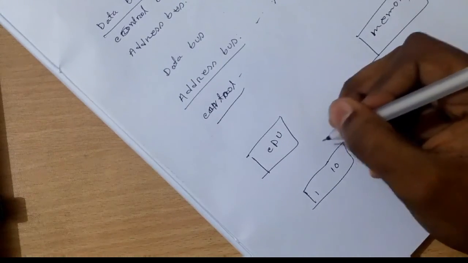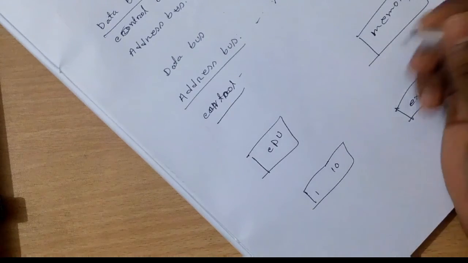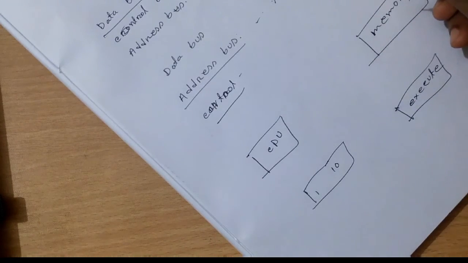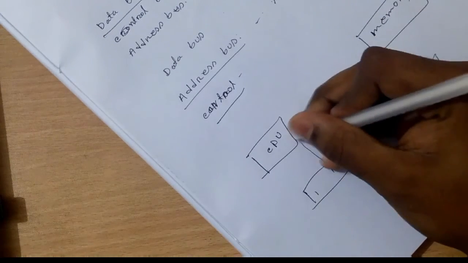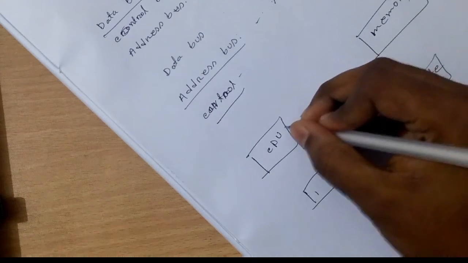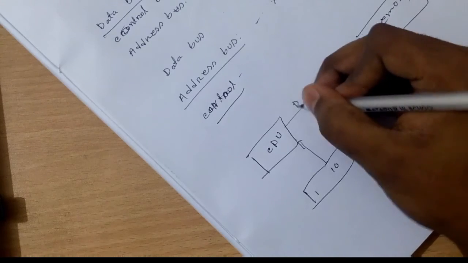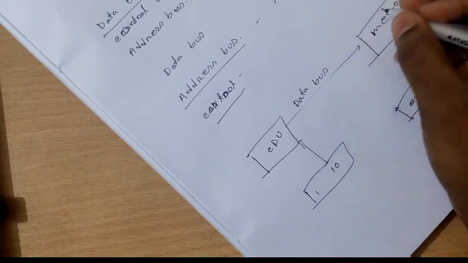If the data is to be stored in memory, the control bus controls which memory location it is stored in. The CPU then sends the data over the data bus.